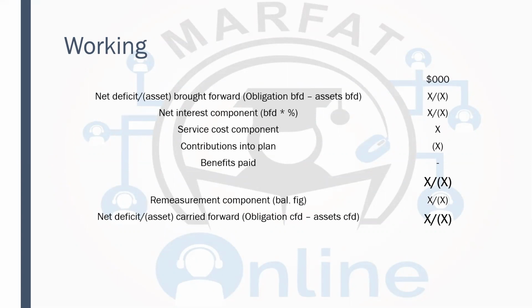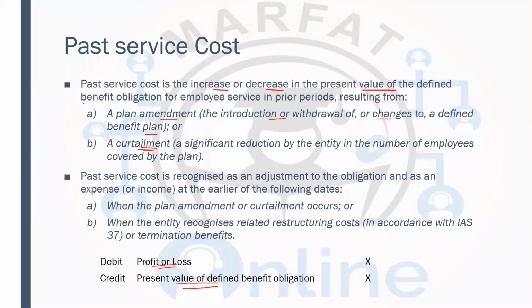But what we do is the statement form working, in which we take the net assets or net obligations, like obligations minus assets. We take both of them along, not separate T accounts. So obligation minus asset. And that's why we call it a net interest component, because we multiply the interest on the net amount.